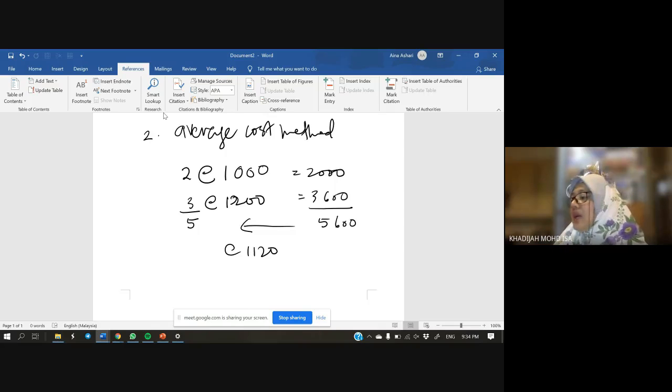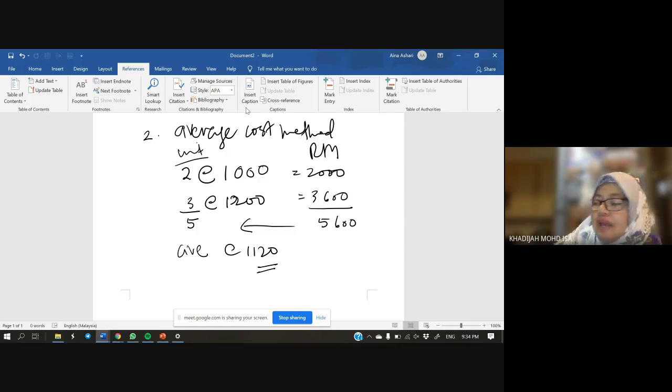So you look at the total RM here and the number of units. You divide the total cost over the total number of units, and you get the average cost per unit. Can you do that? Yes. You only compute COGS when you have goods sold. All right. So that is on the average cost.